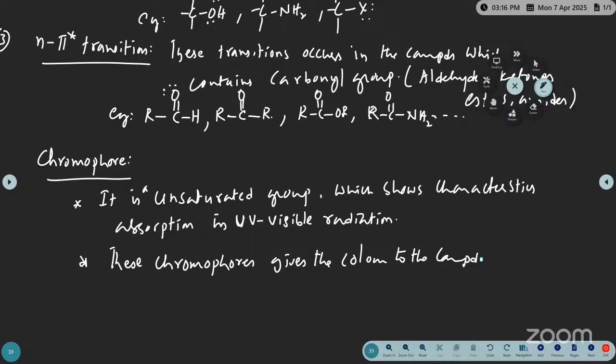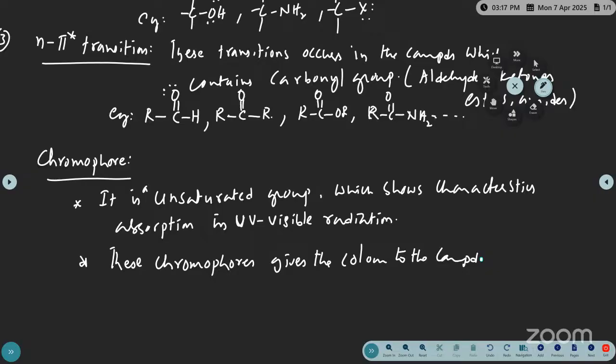So these substances absorb UV and visible radiation, so these chromophores give color to the substance.